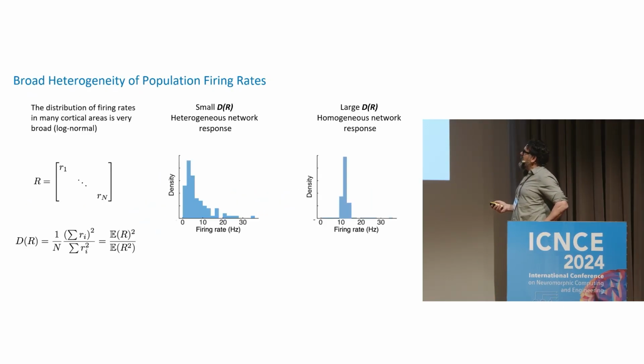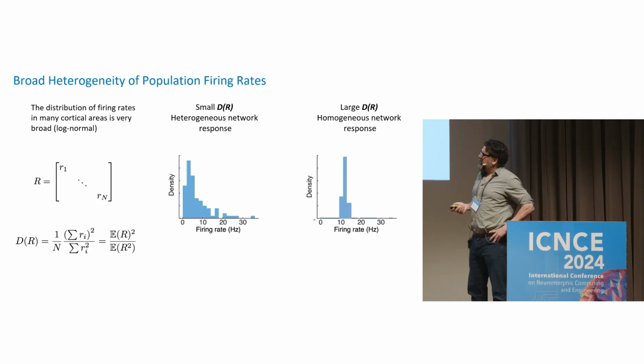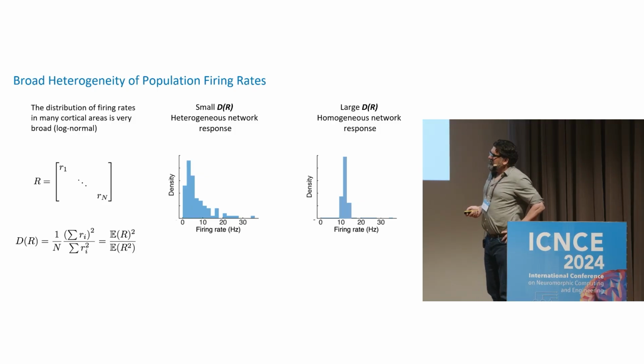If we wanted to measure that, we could imagine taking, for a given condition, all the firing rates of the neurons, putting them along the diagonal of a matrix here, and then computing what some people call the participation ratio here. It's just looking at the mean firing rate squared, the mean over the population, divided by the second moment of the firing rates here. That's a number that's going to go between 0 and 1.